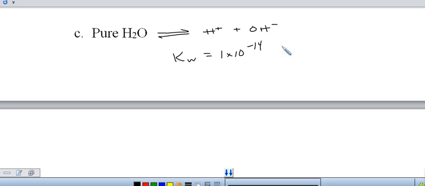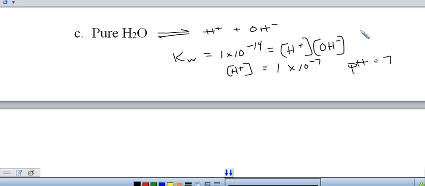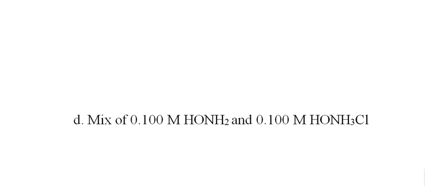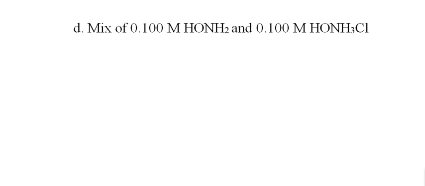And so the last part, though, we are going to mix the two substances. We have a mixture of 0.1 molar HONH2 with 0.1 molar HONH3Cl. So it's a weak base, and a salt containing the same ion as that weak base.